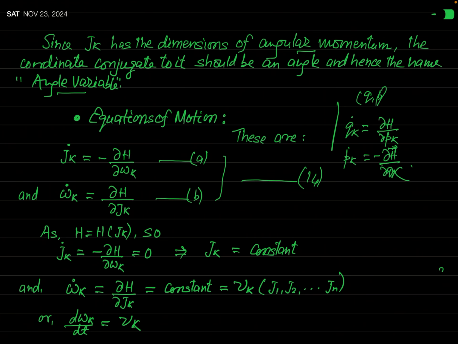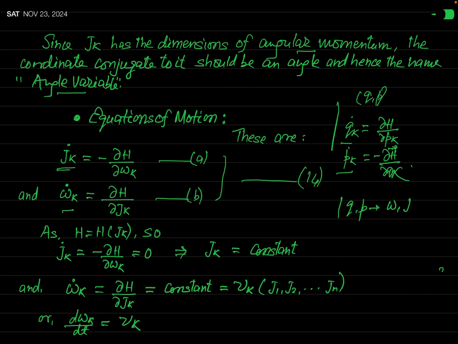These are Hamilton's equations. Here Jk is the coordinate used for P in this new formulation, and omega is the coordinate used for Q, because this basis Q, P has been transformed to omega, J.